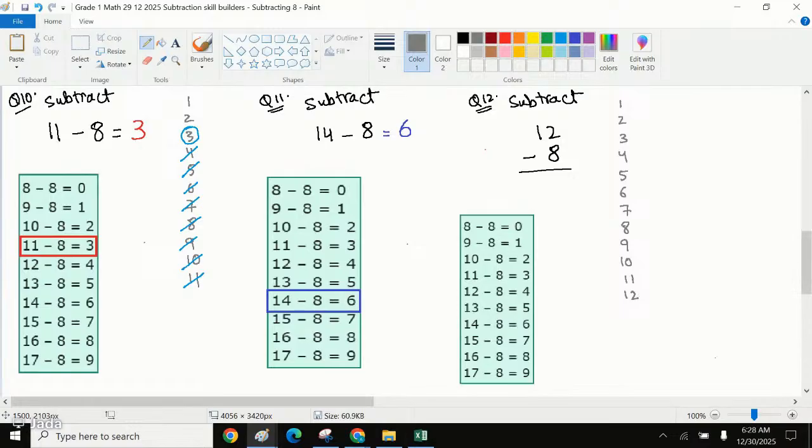We write down the numbers and we start removing what we don't need. 1, 2, 3, 4, 5, 6, 7, and 8. We remove 8 numbers because it is 12 minus 8, and we are left with 4. That means 4 should be our answer. We check it through the grid as well. 12 minus 8 is always equal to 4.